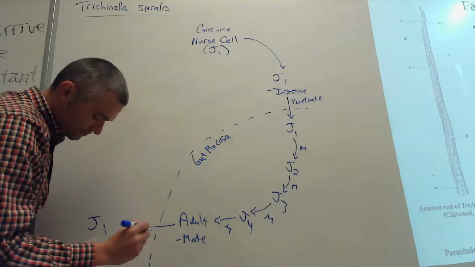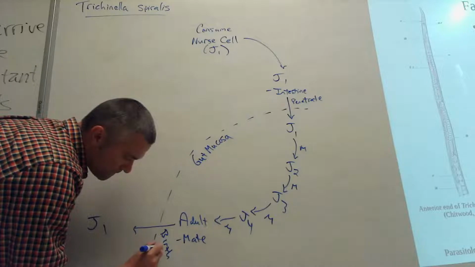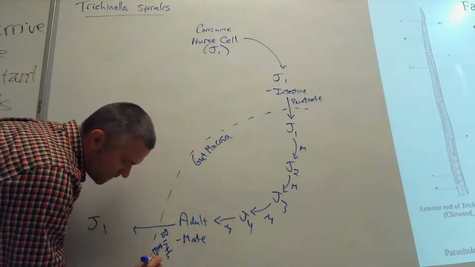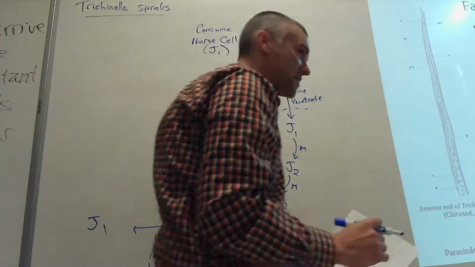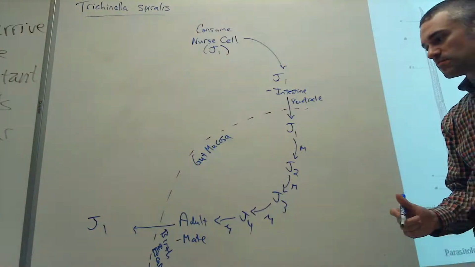So it's birth and escape. This is a parasite that is ovoviviparous. Our J1s are embryos, developing inside of an egg membrane in the uterus. But they're not born in an egg. It's not a shell, it's just the membrane.